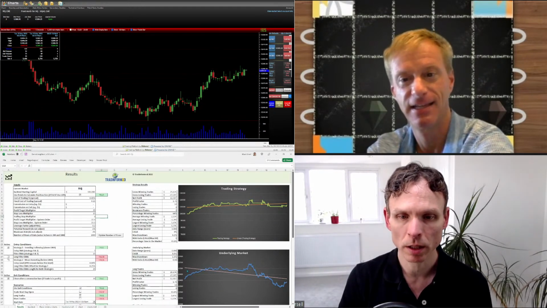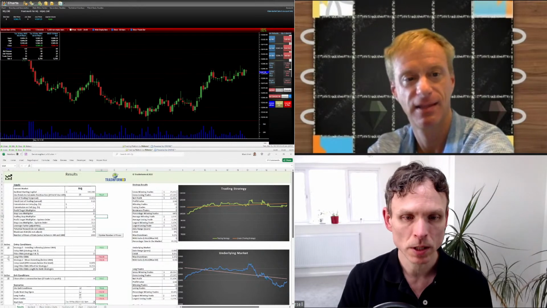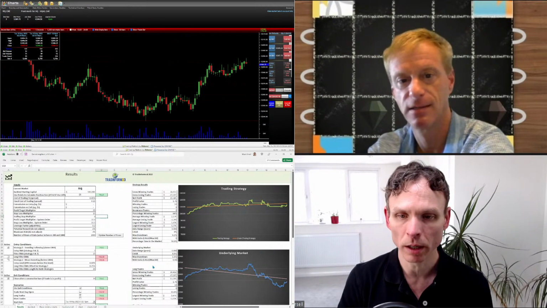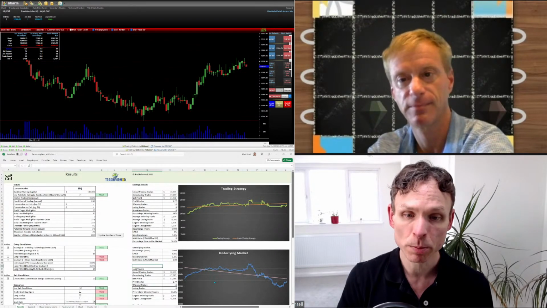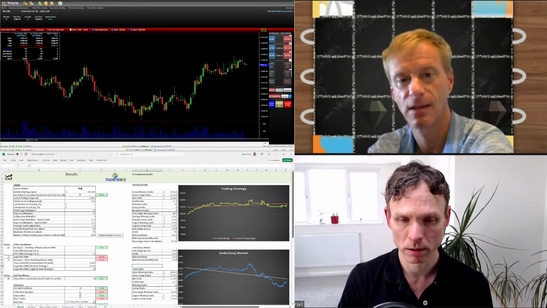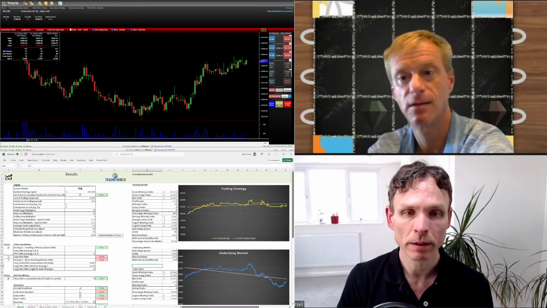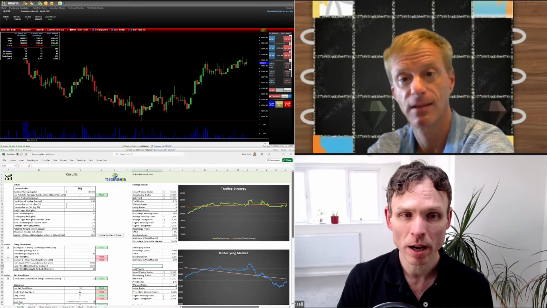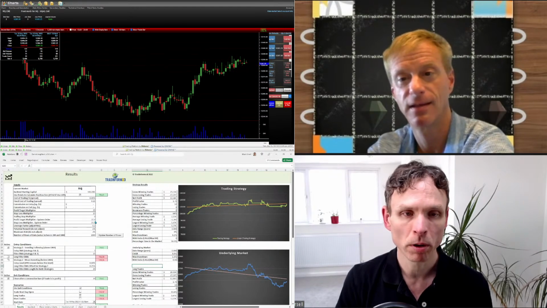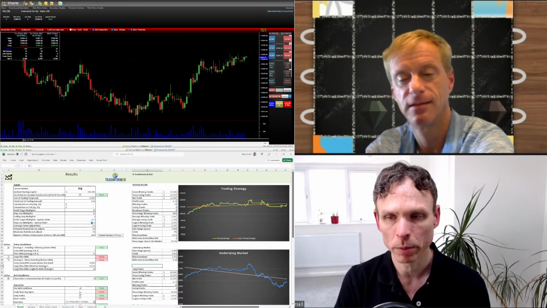If you can see again my cursor, I know it's a fairly small part of the screen, pointing downwards. This is a linear regression line, a straight line, best fit through the data. It's pointing downwards for the underlying market over the past 1,000 bars, and on the trading strategy, it's just about pointing upwards. So it's had a positive expectancy over that period of time.